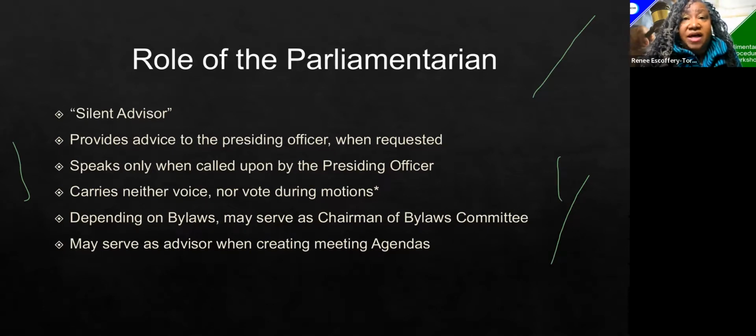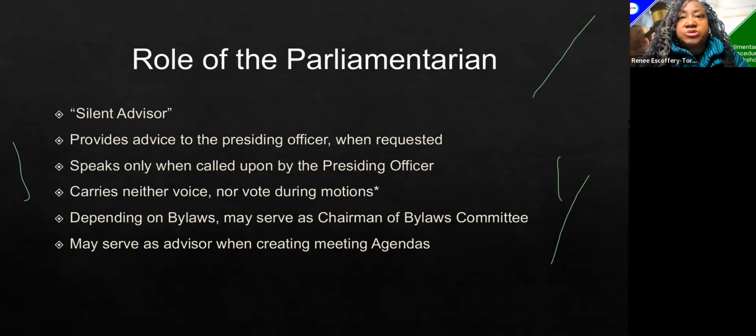Depending on your organizational bylaws, the parliamentarian a lot of times will also serve as chairman of that committee, because she or he knows specifically how those bylaw changes need to be adopted.